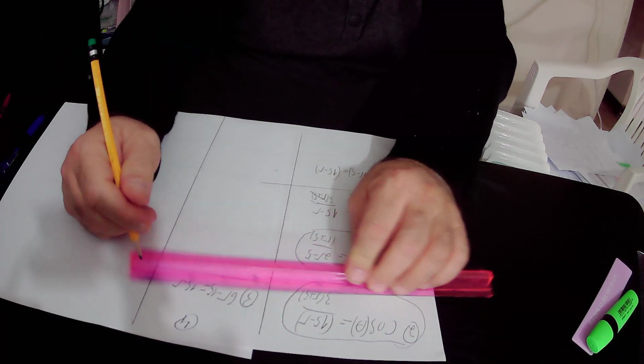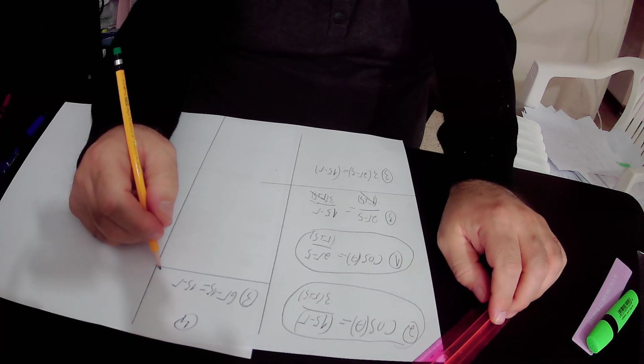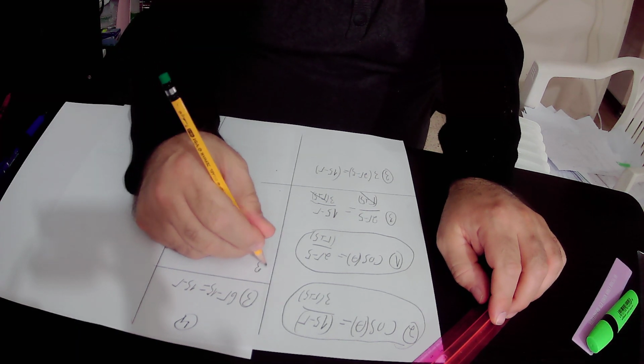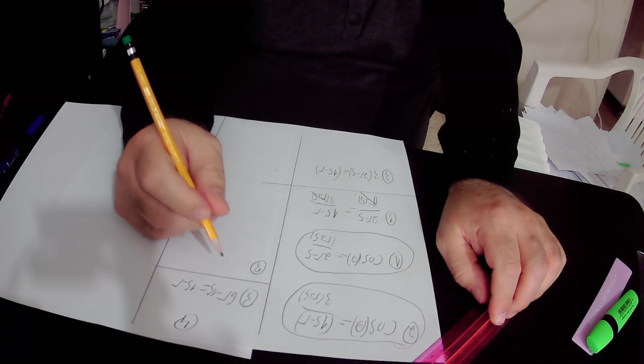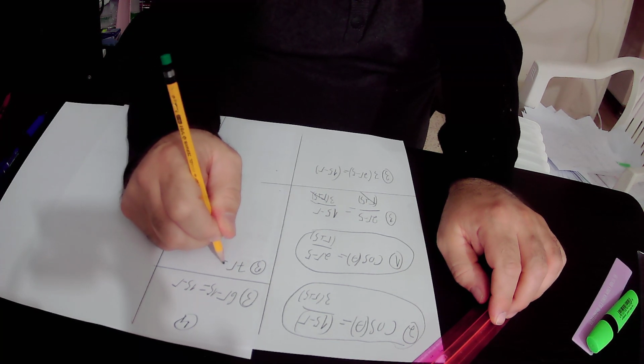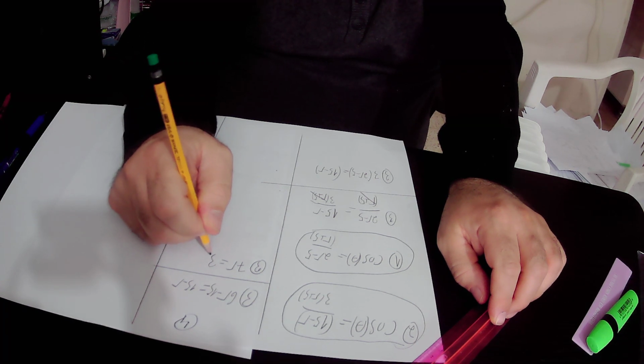We will add to equation number 3 r, and we will also add 15, and we'll get, according to equation number 3, 6r plus r is 7r, and 15 plus 15 is 30.